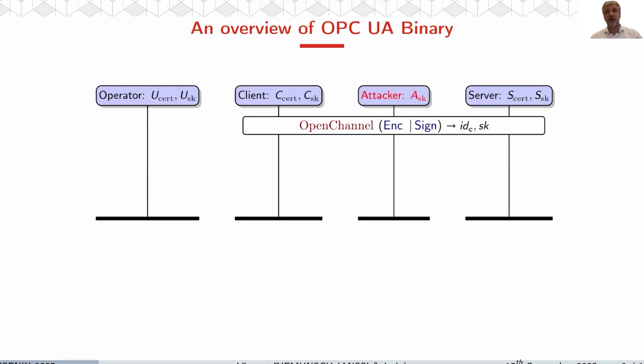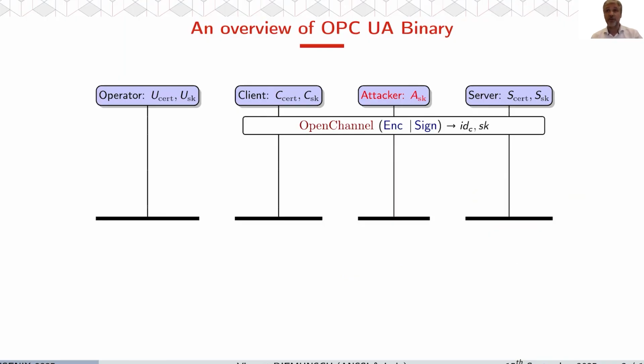Here is an overview of the OPC UA binary protocol. Each agent, the user, the client, or the server, is equipped with a certificate issued from a public key infrastructure and the associated secret private key. The client first opens a secure channel with the server to guarantee message integrity and optionally confidentiality against an active attacker on the network.